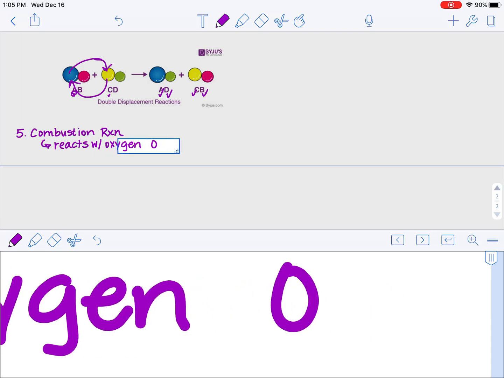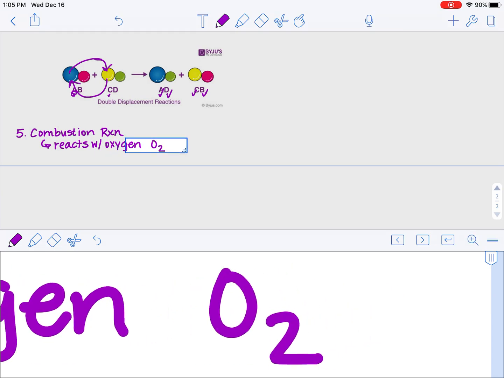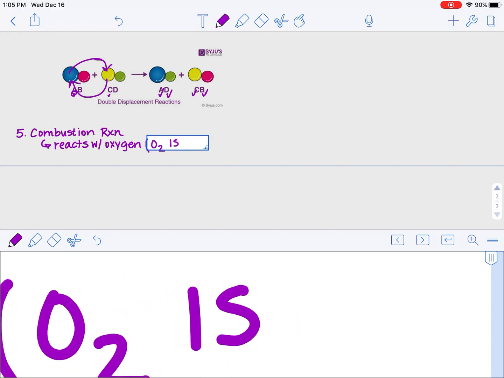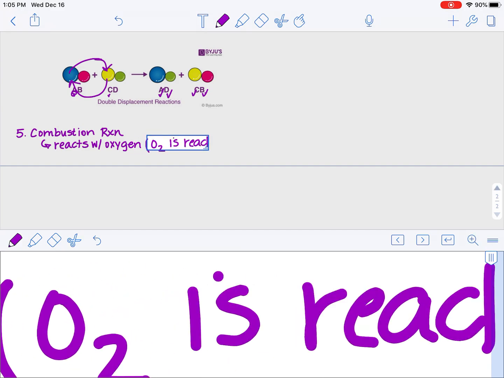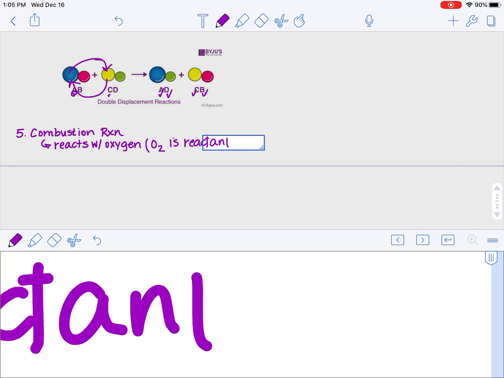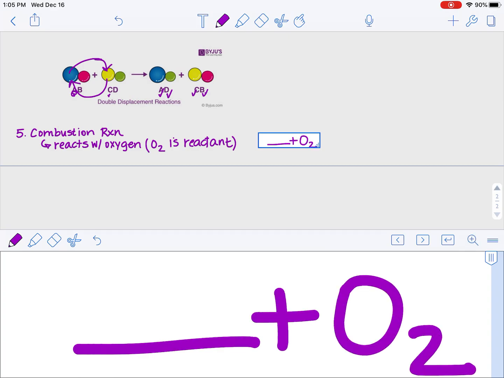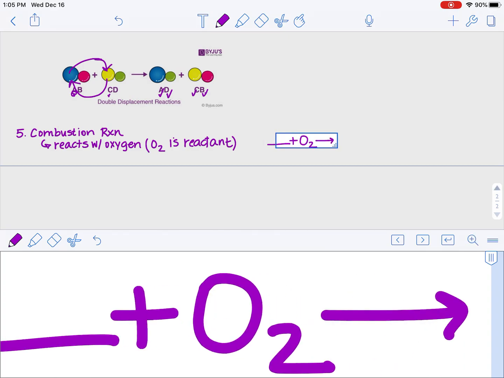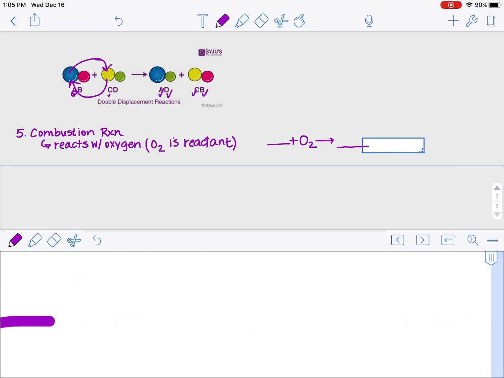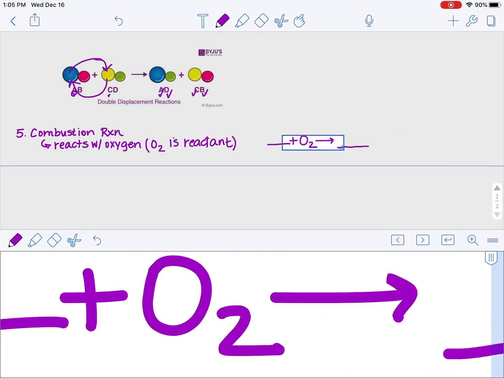Because something is reacting with oxygen, O2, because remember, oxygen is going to be diatomic, as a reactant. So, for example, you can have something plus O2 and then the yield sign, and whatever it makes, it doesn't matter. As soon as you see oxygen, a gas, as a reactant, you know it's going to be classified as combustion.